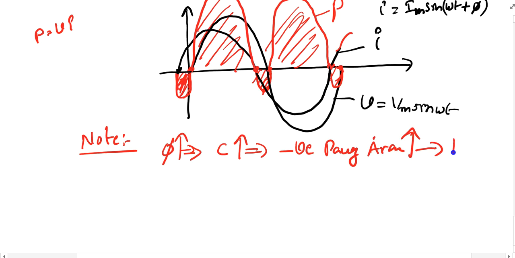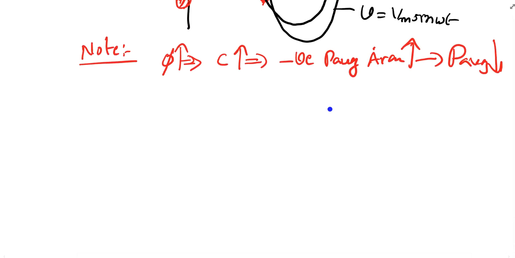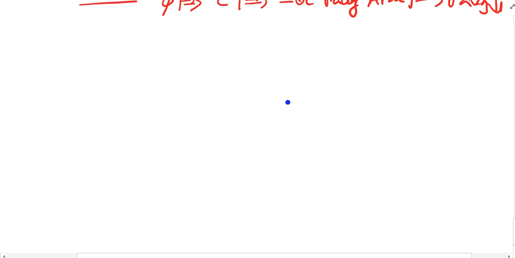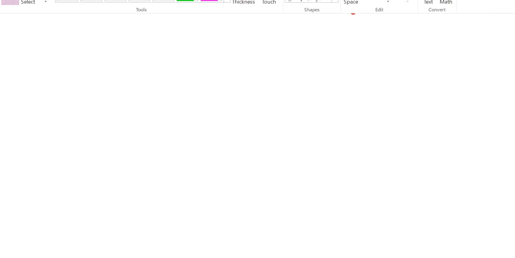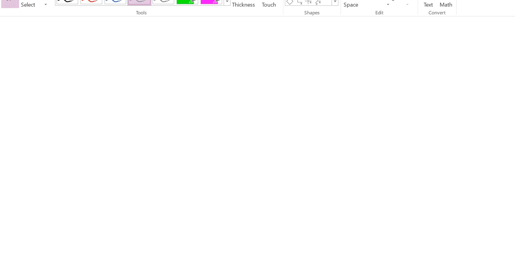Therefore, my P average decreases. That is the point you can try to understand here. So this is the theoretical concept you might have gone through for your series RC circuit, and we will see some numericals on this series RC circuit so that you can get very clear clarity.